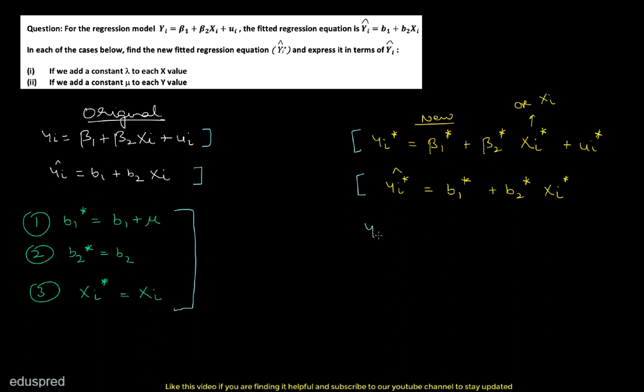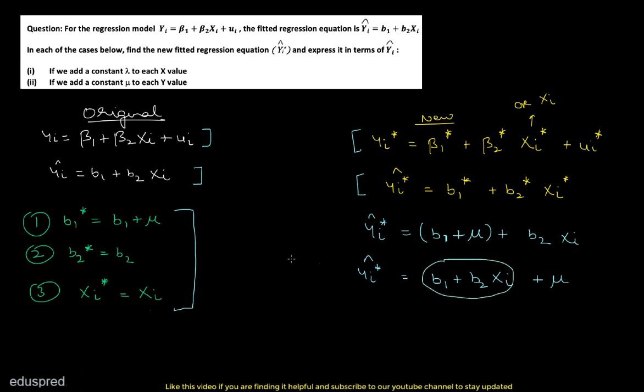So we can write that yi star hat is equal to, instead of b1 star, we can just write b1 plus mu. Instead of b2 star, we can write b2. And instead of xi star, we can just write xi. So yi star hat is equal to b1 plus b2 xi plus mu.